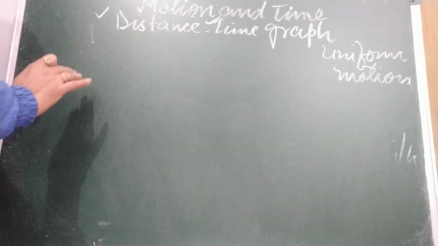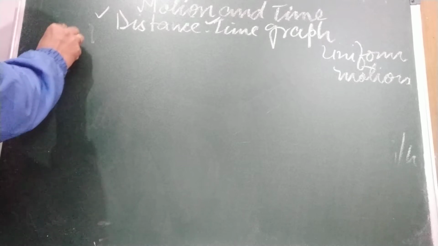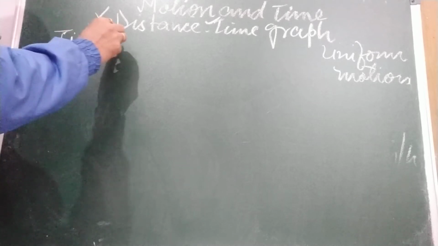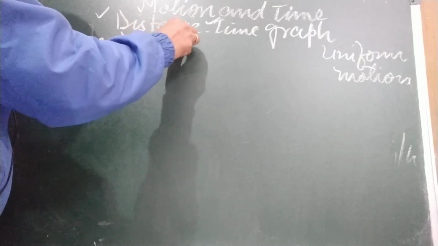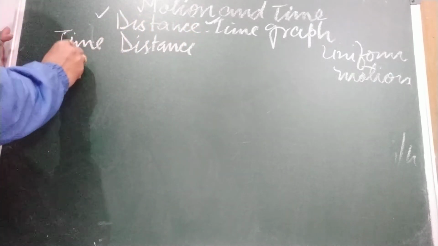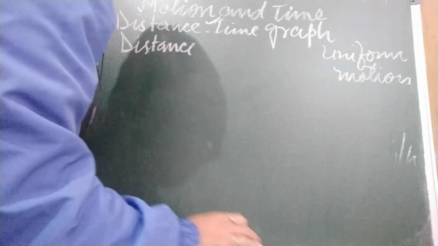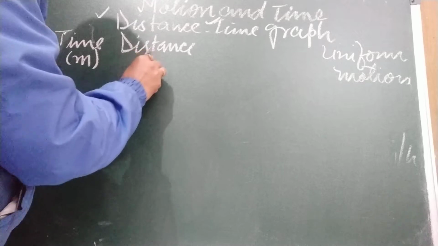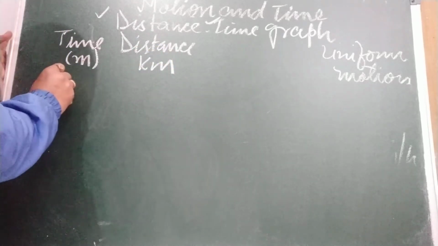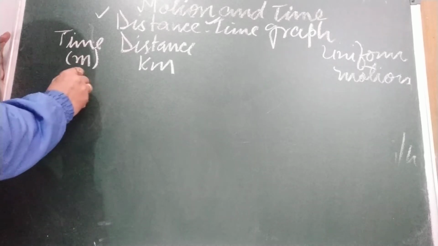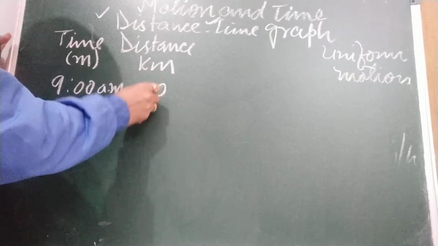Here I am writing down time and distance. I am taking time in minutes and distance in kilometer. Any vehicle starts at 9 a.m. When it is starting, the starting point distance is always 0.